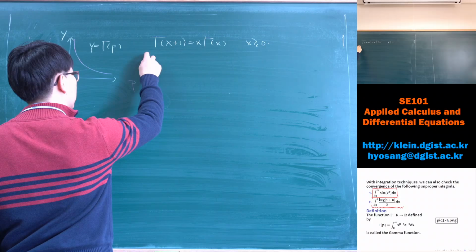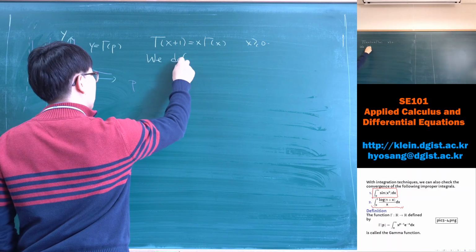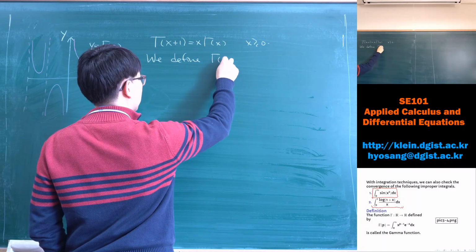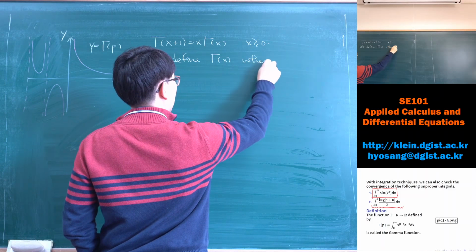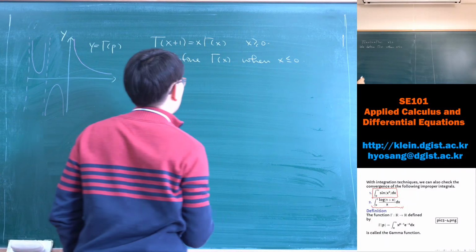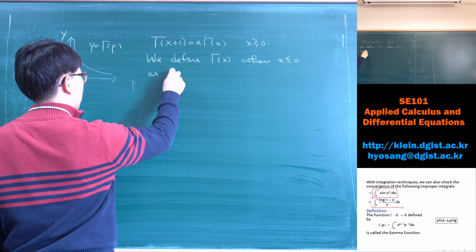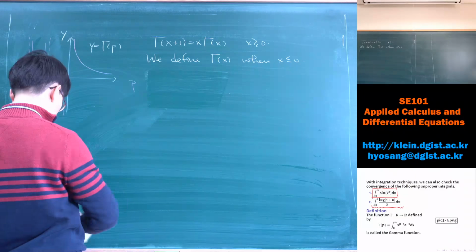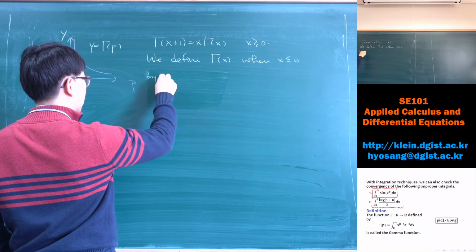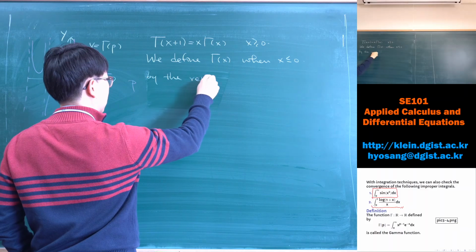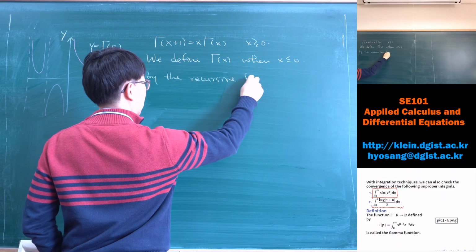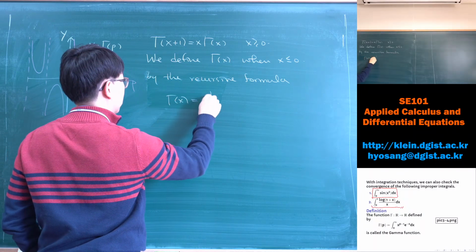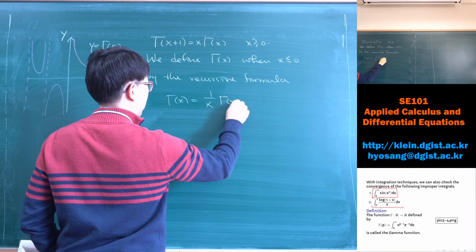So we define gamma x, when x is negative, by this recursive formula: gamma x equals 1 over x times gamma x plus 1.